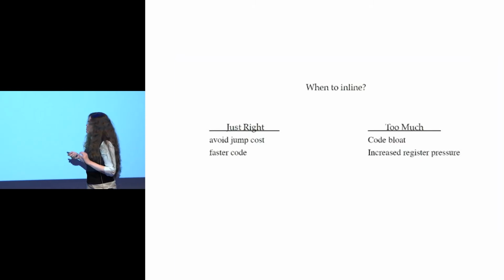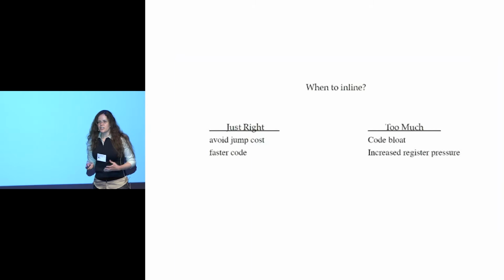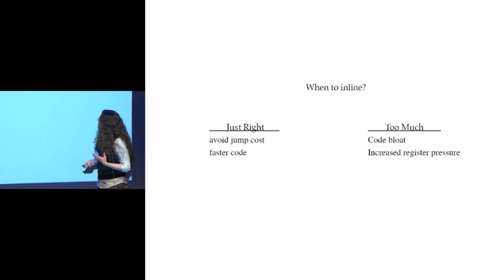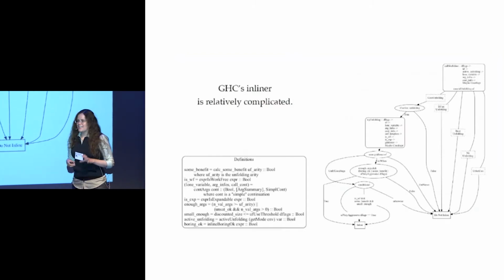If we do too much inlining, though, bad things start to happen. We start getting bloated code, increased pressure on the instruction cache, registers start spilling, etc. So to make this cost-benefit analysis, GHC's inliner is a relatively complicated system.